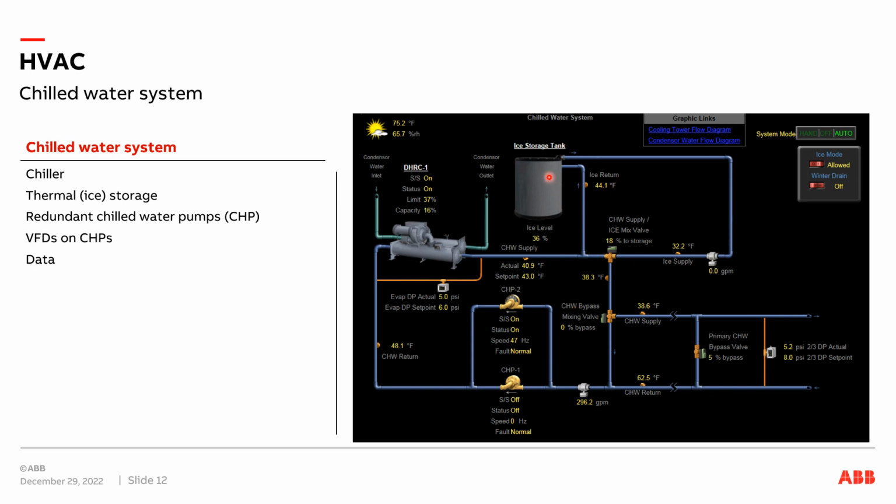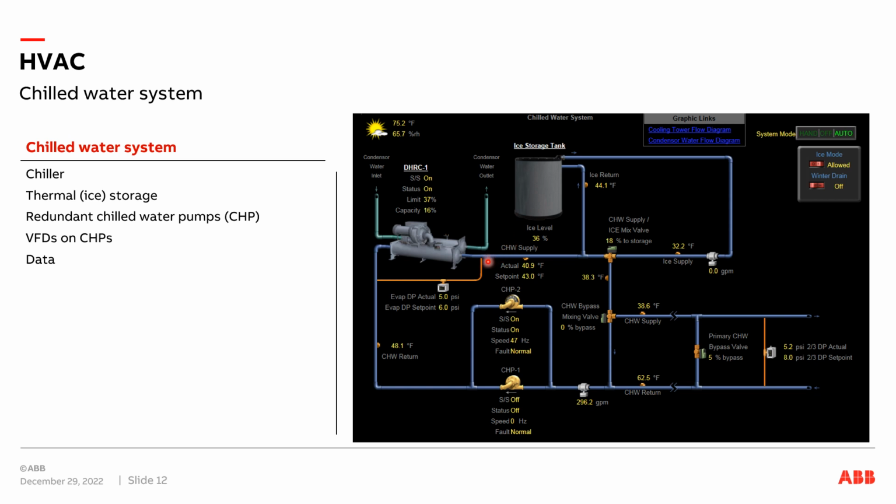One of the neat things we do here, and this is not HVAC 101, this is an HVAC 201 topic, but just to give you a little teaser, this is a thermal storage tank, an ice storage tank. At night when our building's not occupied, we run the chiller when energy is low cost, it's cheap at 2 o'clock in the morning, and we make a big old tank of ice up here.